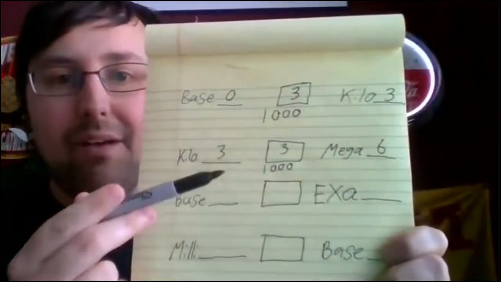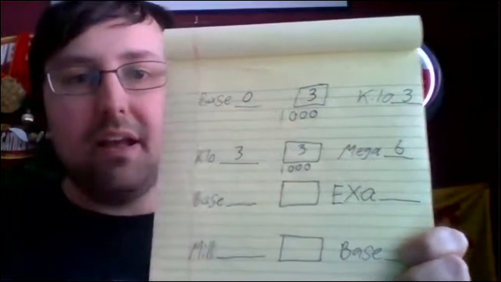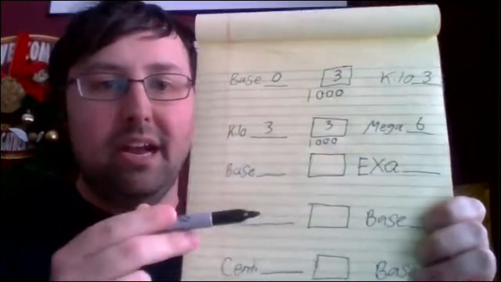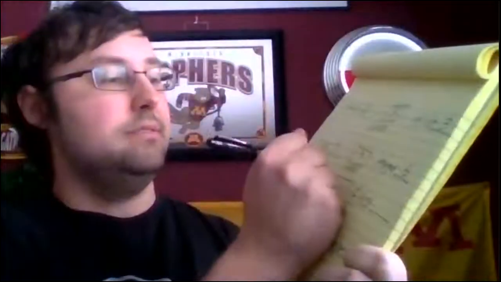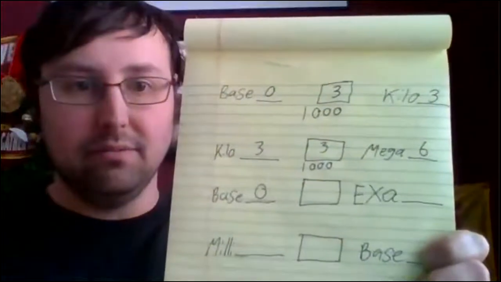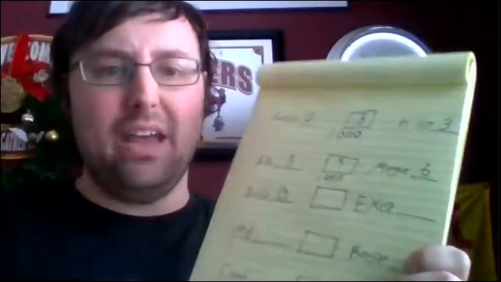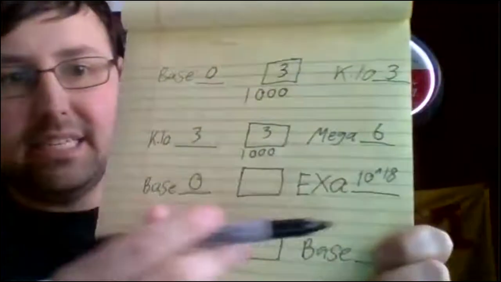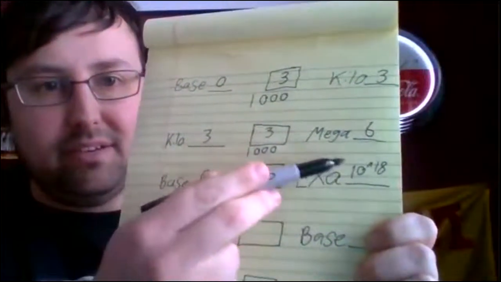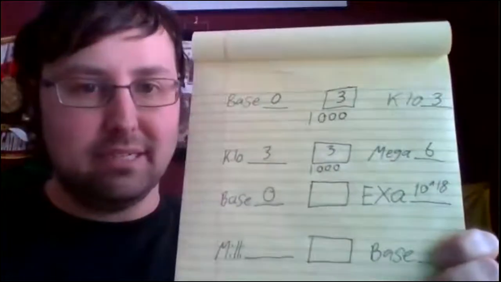There are 1,000 kilometers in a megameter. Now, base, again, is 0. Exa. Now, exa is pretty crazy. It's 10 to the 18th, and we write that like this: 10 to the 18th power. The little caret symbol means it's an exponent. So the difference between those is 10 to the 18th, or a 1 with 18 zeros.